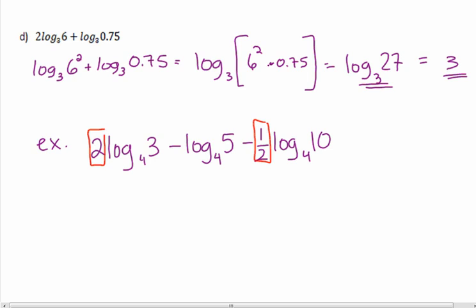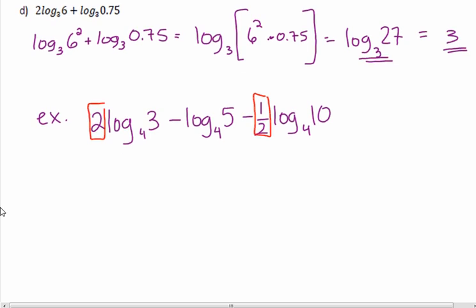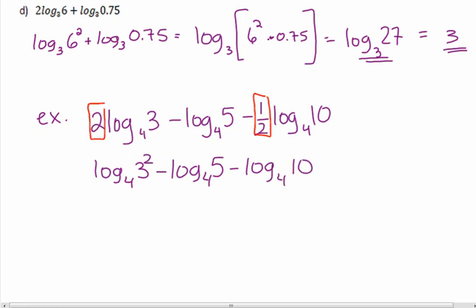So where is the 2 going to go? Okay, so log 4 of 3 squared minus log 4 of 5 minus log 4 of 10 to the power of 0.5 or 1/2, either or.